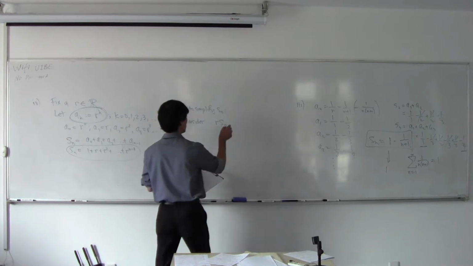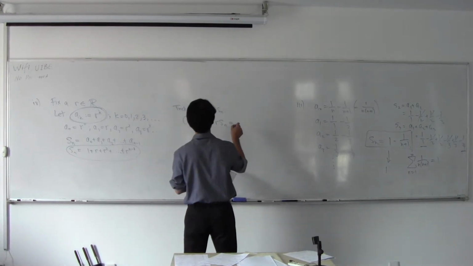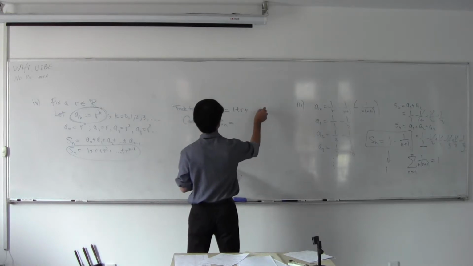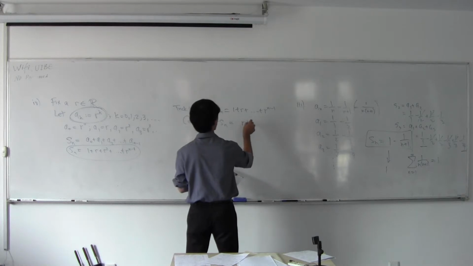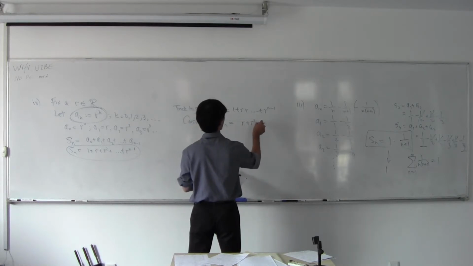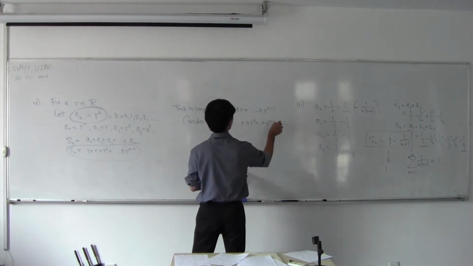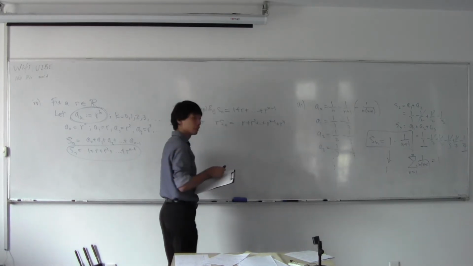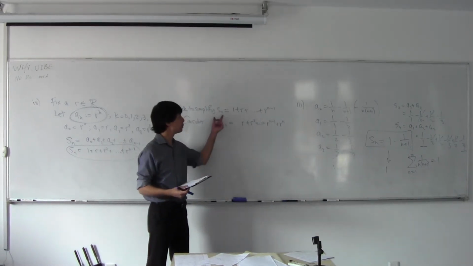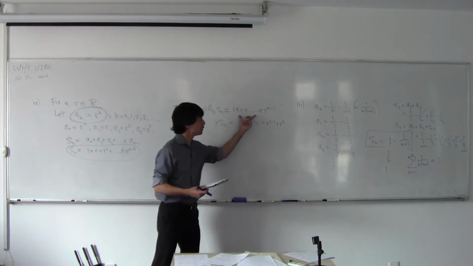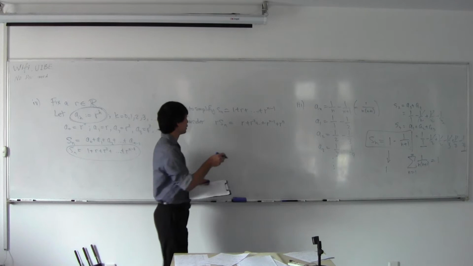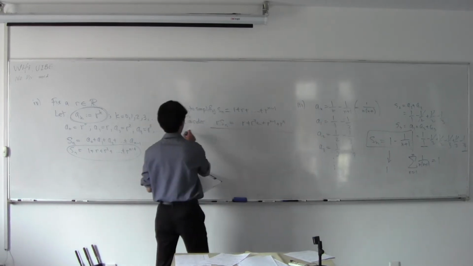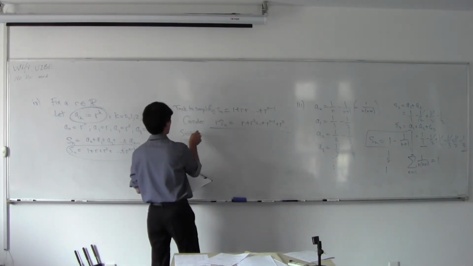S sub n is 1 plus r plus ... plus r to the n minus 1. r S sub n is going to be r plus r squared plus ... plus r to the n minus 1 plus r to the n. If you multiply this by r, everything gets shifted over by 1. Okay, and then subtract.